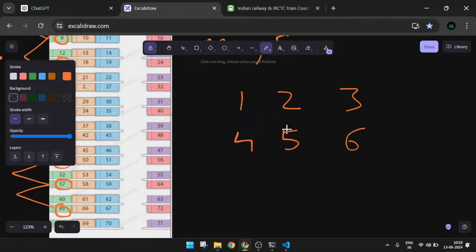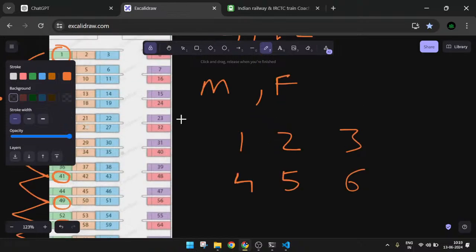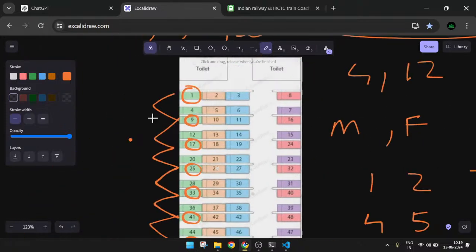Whatever I need to do here, because the rest is everything plus 8. Whatever condition applies here, the same condition will apply there, I just have to add an 8.